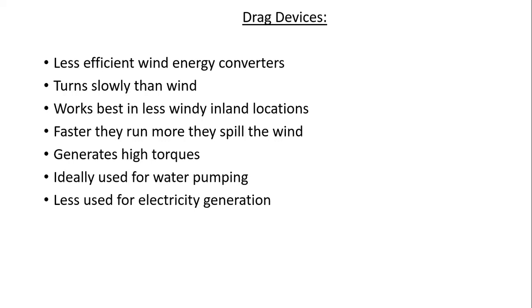For multi-vane fan type rotors, for example the American farm windmill, a typical solidity ratio is 0.7. For high speed lift type propellers, the solidity is usually much lower, that is 0.1 to 0.01.